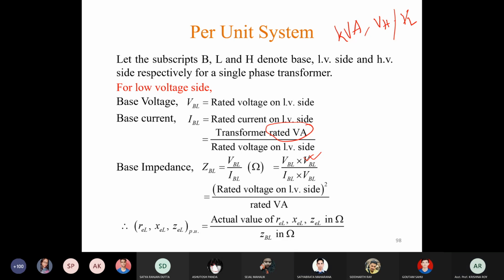While we are calculating REL, we are dividing ohm by ohm, so the unit cancels and it becomes a constant. And that I have already mentioned: the per unit quantities are unitless quantities, because here we take the ratio of two similar quantities. What is your question? Sir, that's only my question, I've cleared it. Per unit quantities are unitless.